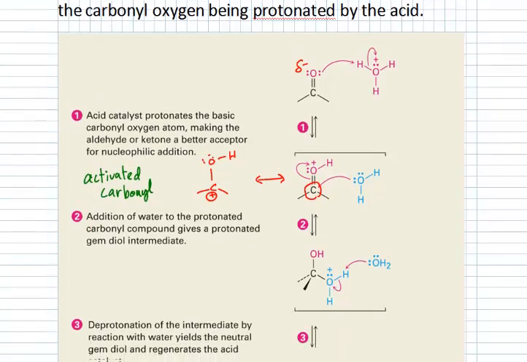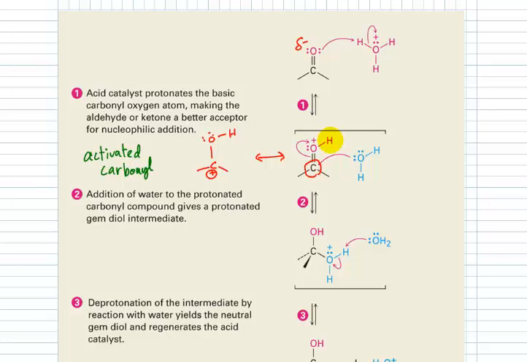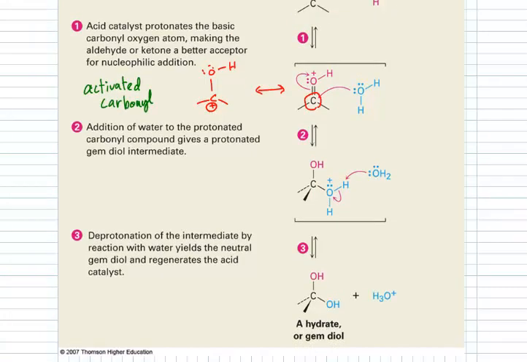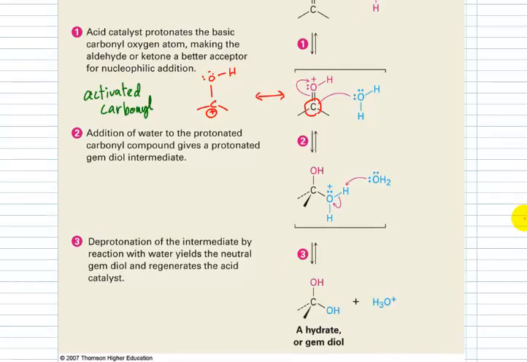So when water attacks that protonated carbonyl, we end up with an OH from the carbonyl. It kicks those electrons up, making a regular OH. But then we have an H2O plus group attached to the carbonyl carbon. So another water molecule comes along, deprotonates that OH2 group, and that gives us our gem diol.